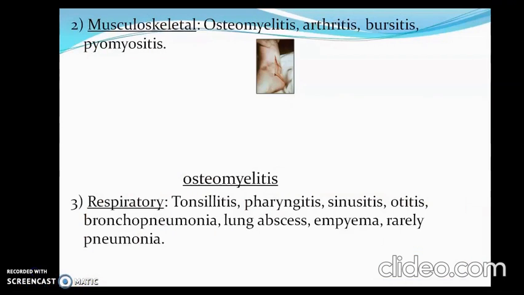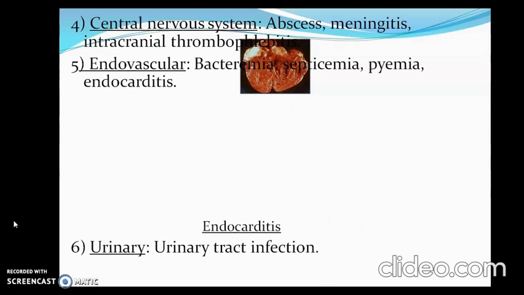cellulitis, wound infection. The musculoskeletal infections caused by Staphylococcus aureus include osteomyelitis, arthritis, bursitis, pyomyositis, and the respiratory infections include tonsillitis, pharyngitis, sinusitis, otitis, bronchopneumonia, lung abscess, emphysema, and rarely pneumonia. And in the central nervous system, it causes abscess and meningitis and intracranial thrombophlebitis.